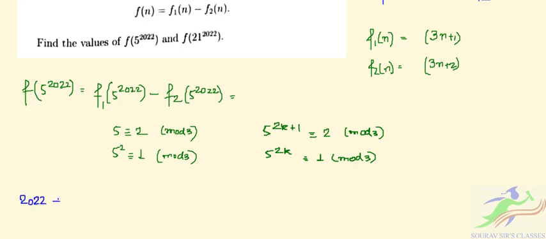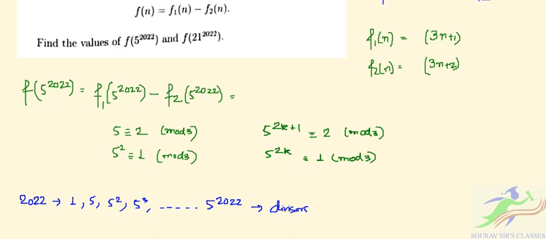For 2022, the divisors will be 1, 5, 5 square, 5 cube, going up to 5 to the power 2022. So these are all the divisors.